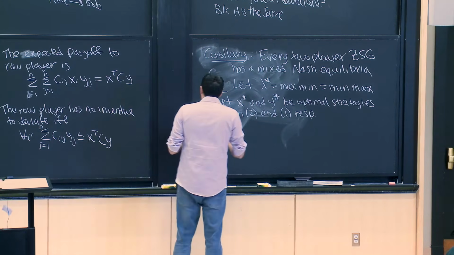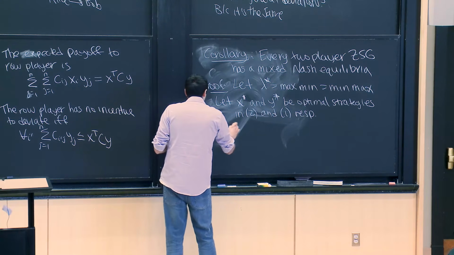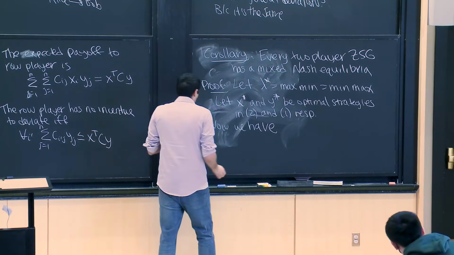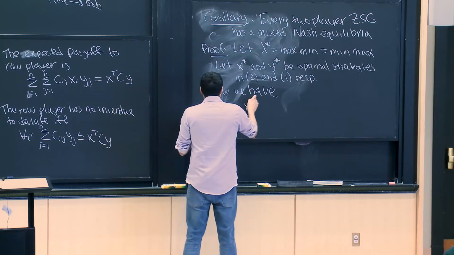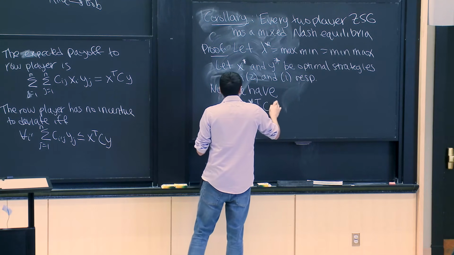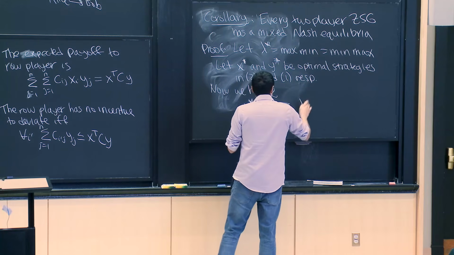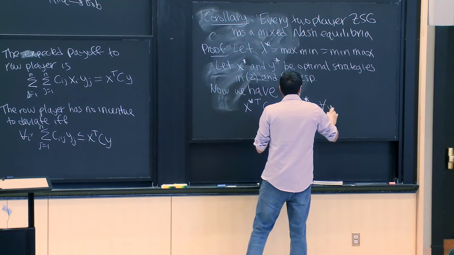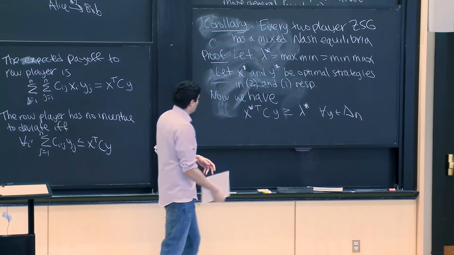So now let's put it all together. So we can take x star transpose C y. And I claim we have the following inequality.